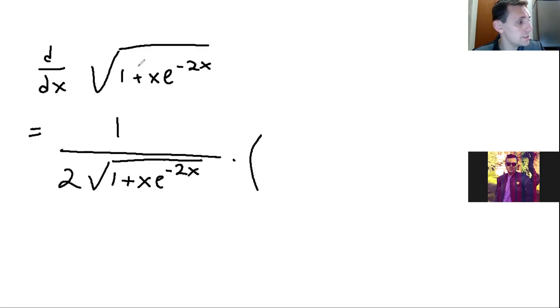And then I need to multiply by the derivative of the inside. And what do I have on the inside? It's a product rule, right? So the derivative of the product is the derivative of x, so it's e to the minus 2x, plus x times the derivative of e to the minus 2x, and that involves another chain rule. So I will get altogether minus 2x e to the minus 2x, where the minus 2 dropped when I took the derivative of minus 2x.